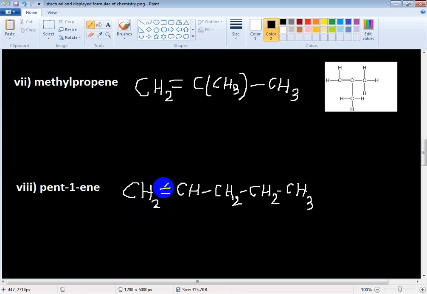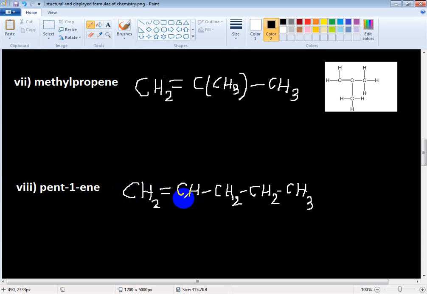The double bond position is 1, 2, 3, 4, 5. So in the 1 position is the double bond. It is an alkene. So the double bond position here is numbered 1, so I should give the double bond in the 1 position. This carbon has 2 bonds, so 2 more bonds will form the double bond here, so 2 more bonds will form with hydrogen.